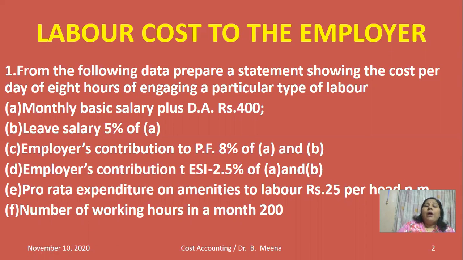So when we work out the labor cost to the proprietor, to the owner, to the employer, when he is distributing the wages and salaries each month, that is the gross pay, the CTC, the company's total cost. At that time we should not consider the employee's contribution, because, for example, for provident fund, both employee and employer contribute.